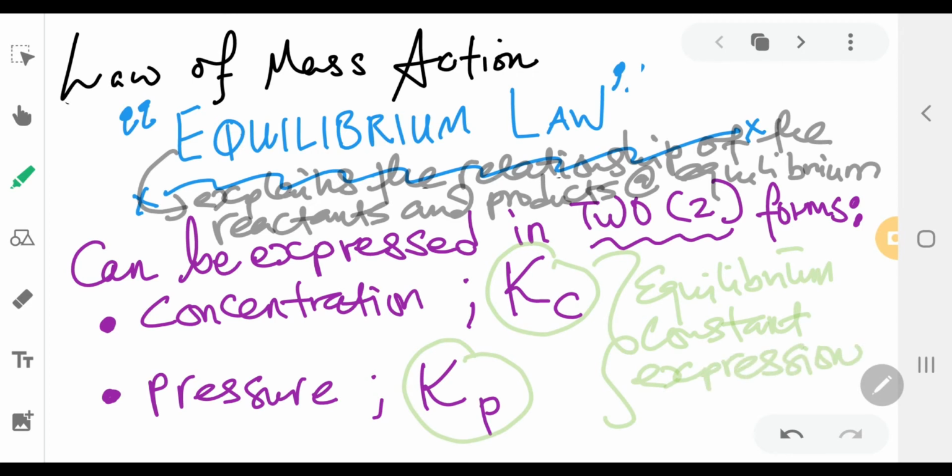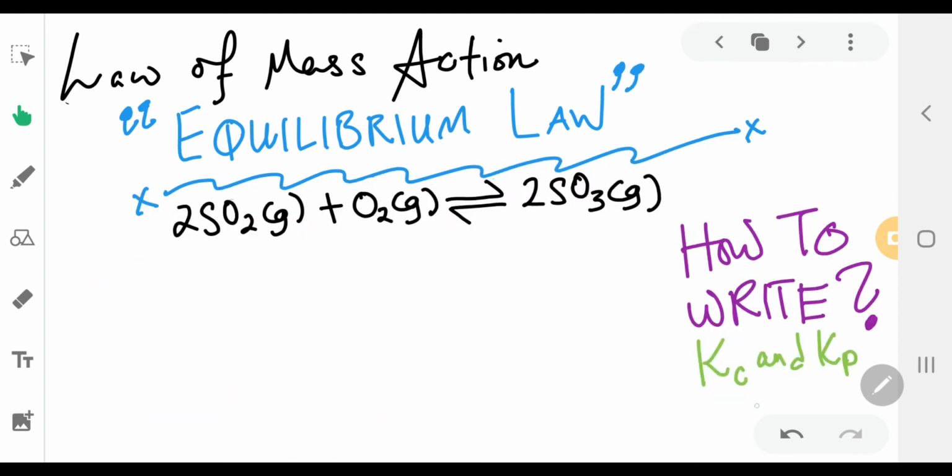Okay, so remember, when we talk about equilibrium law, when you try to explain the relationship between the reactants and products at equilibrium, we're going to refer to Kc if you want to have that in concentration, or Kp if you want to have that in terms of pressure. Now we're going to look at a few examples.